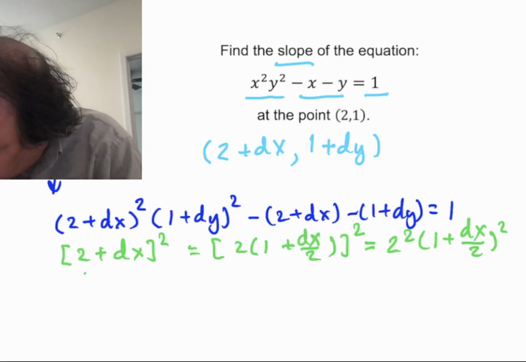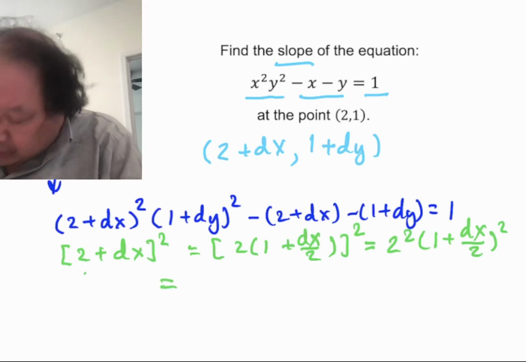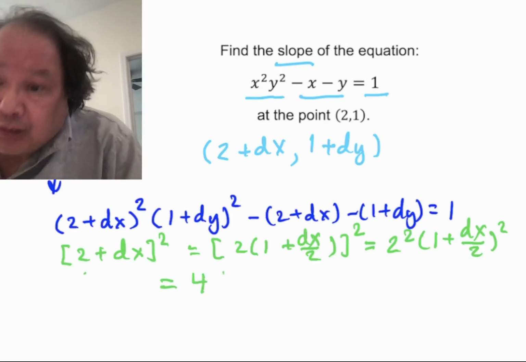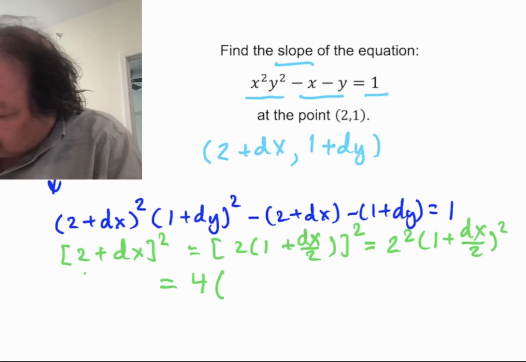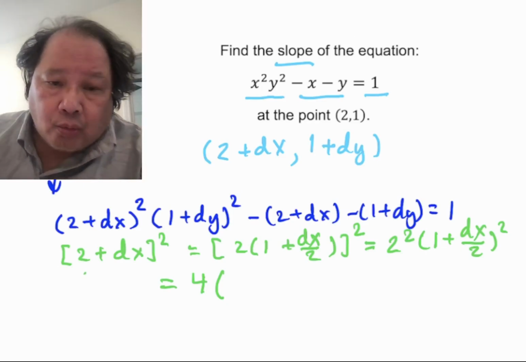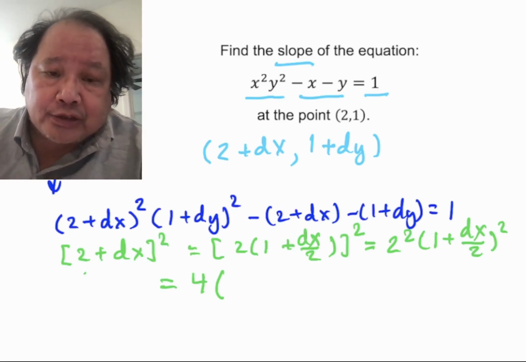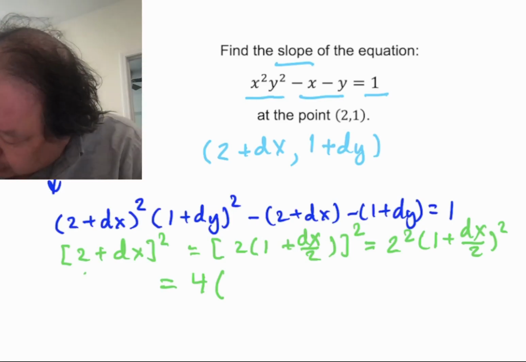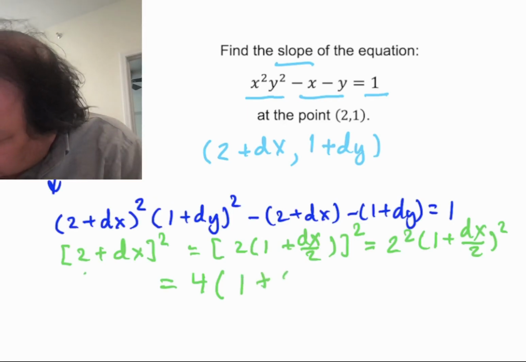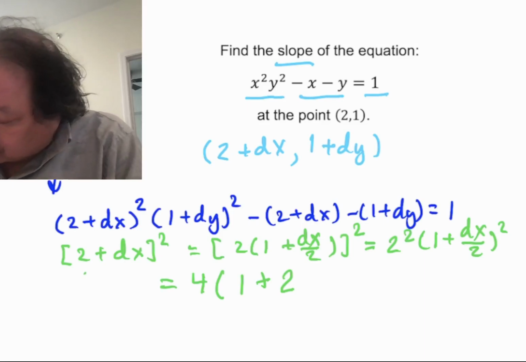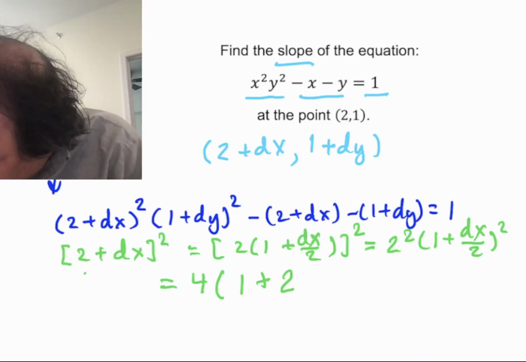Okay, 2 squared is 4. And for 1 plus dx over 2 squared, 1 plus a small number raised to a power is 1 plus the power, which in this case is 2, times the small change, which in this case is dx over 2.